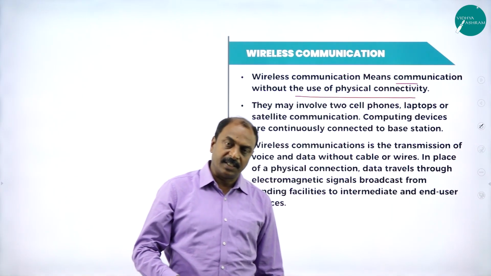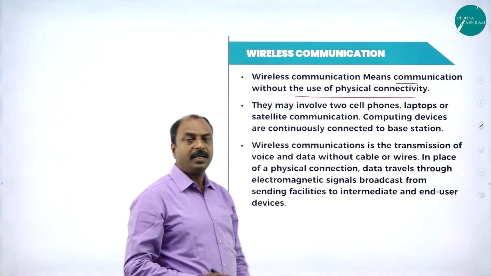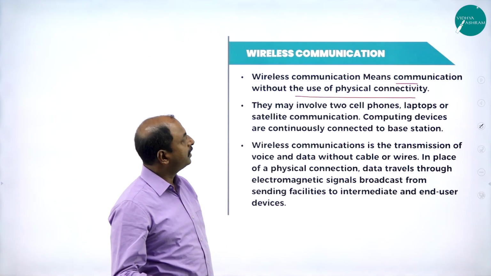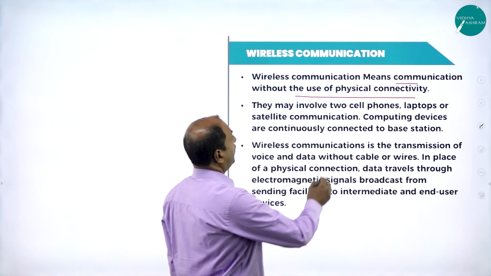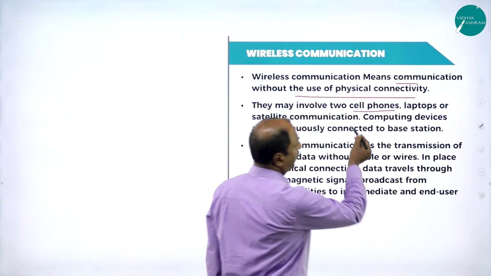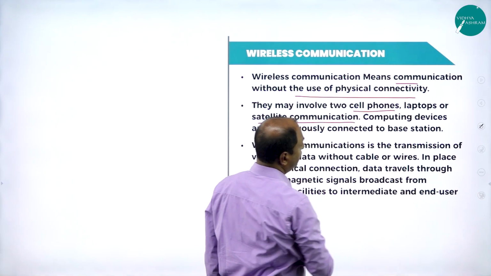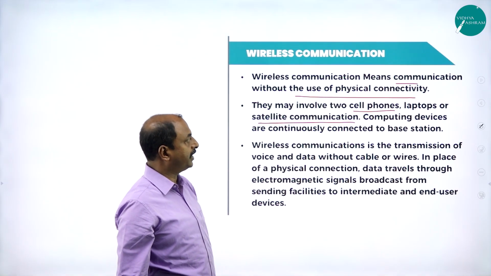It is a wireless technology where there is no direct physical connectivity between the sender and the receiver, or we can say between the two devices, source and the destination. They may involve two cell phones, laptops or satellite communication. These are all different means of communication or wireless technologies.